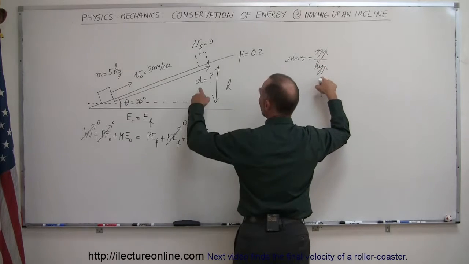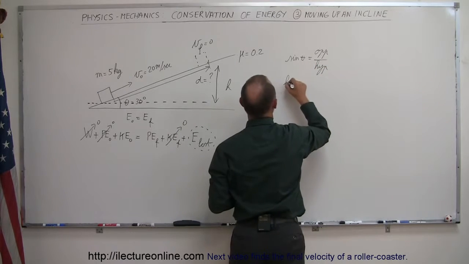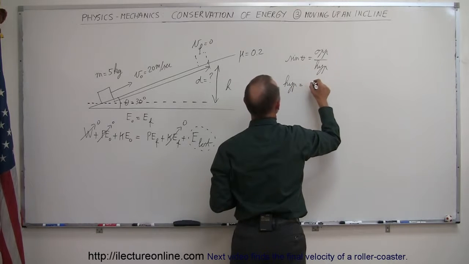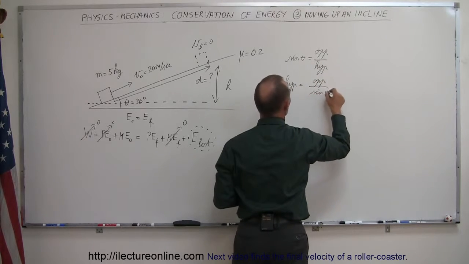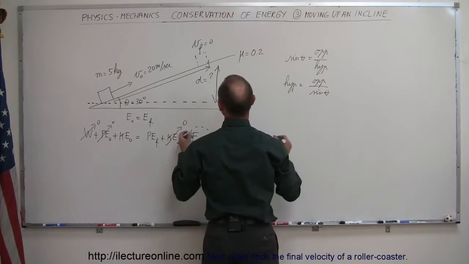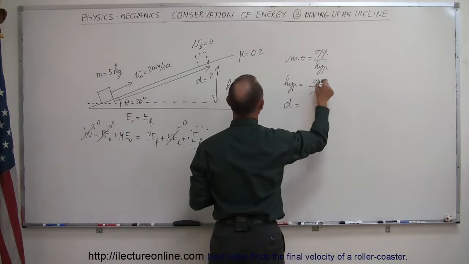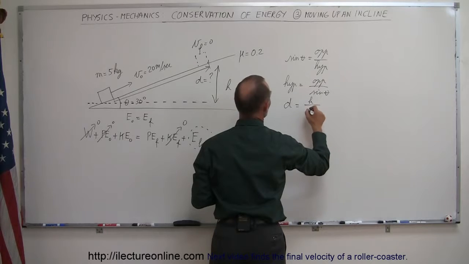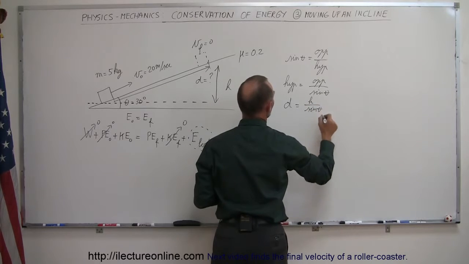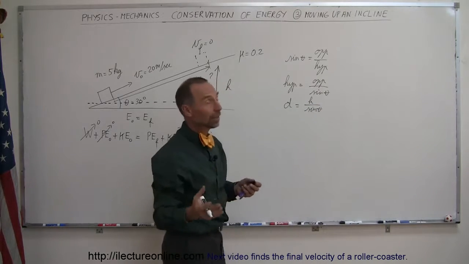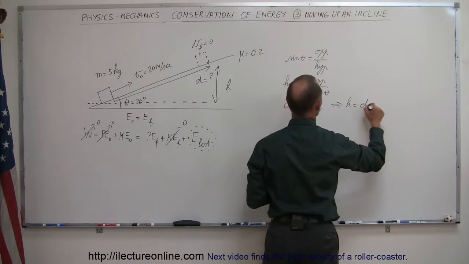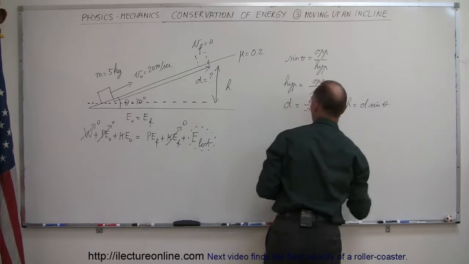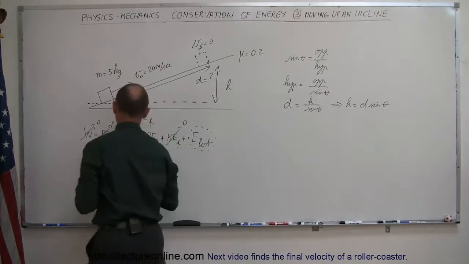And since we're looking for the hypotenuse d, we can say the hypotenuse is equal to the opposite side over the sine of theta. In other words, the hypotenuse, which is d, is equal to the opposite side, which is h, divided by the sine of theta. Or, since we're going to figure out what h is equal to, we could say that h is equal to d sine theta.